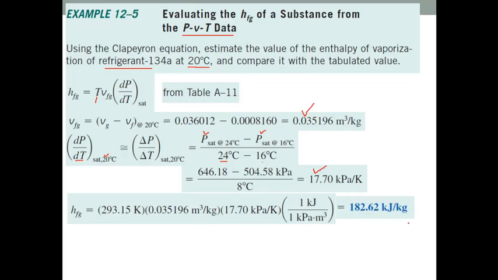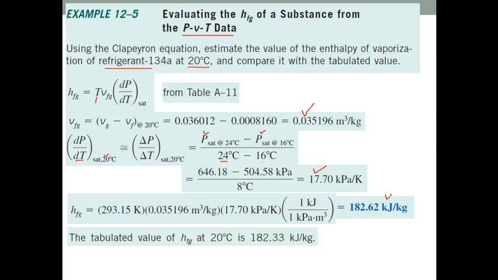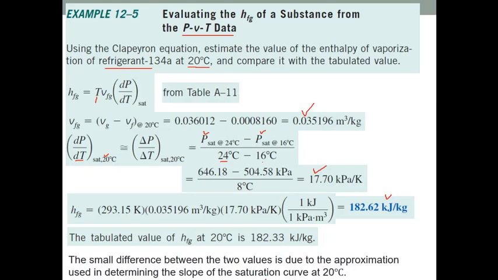If we simplify that we'll get 182.62 kilojoules per kg. Now if we compare that with the actual value, it is 182.33 kilojoules per kg. So the difference between the two values is very small, and that small difference is because of this approximation, because of the availability of data, because the nearest points are 24 and 16.